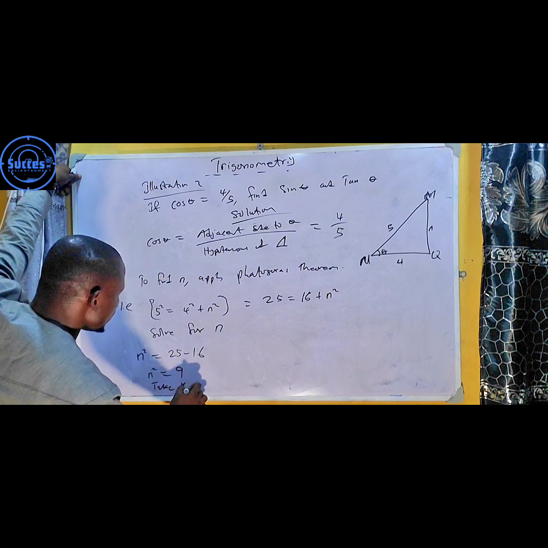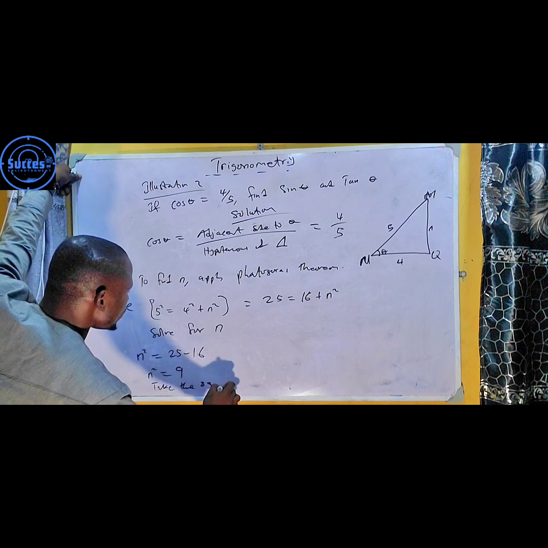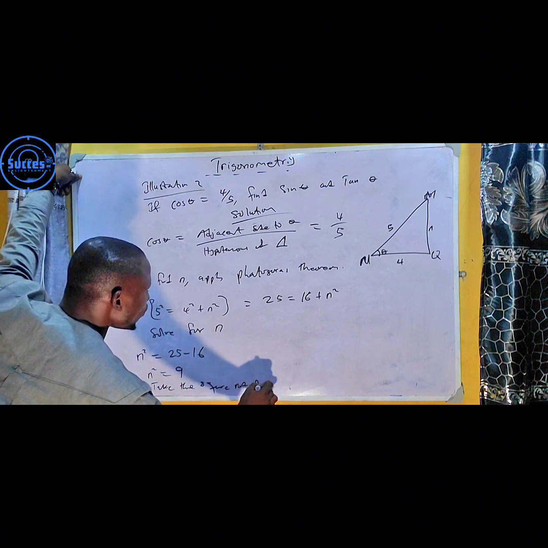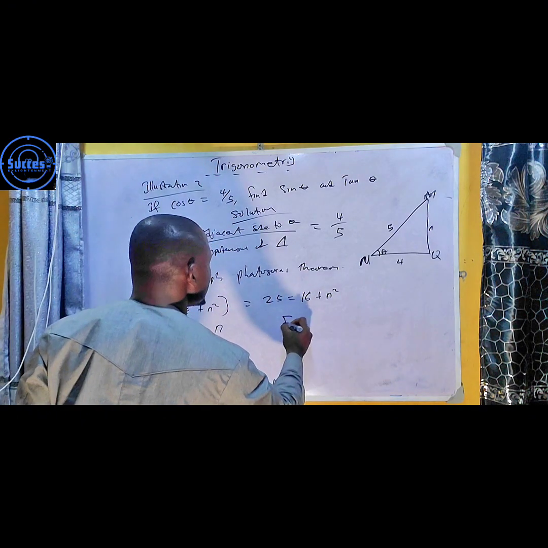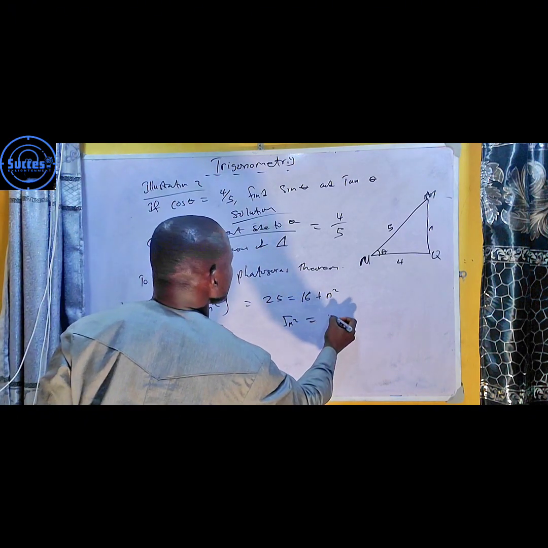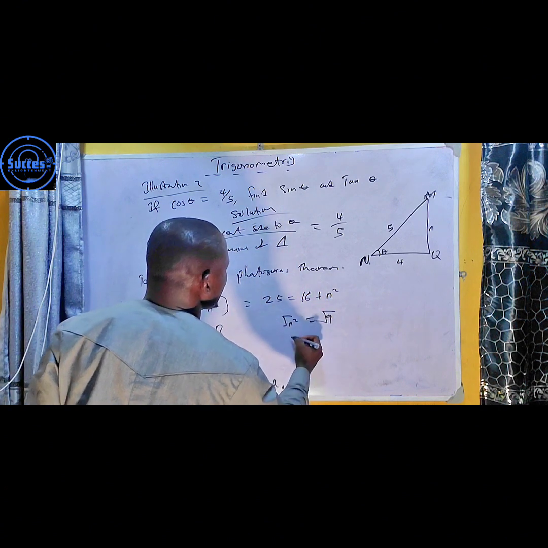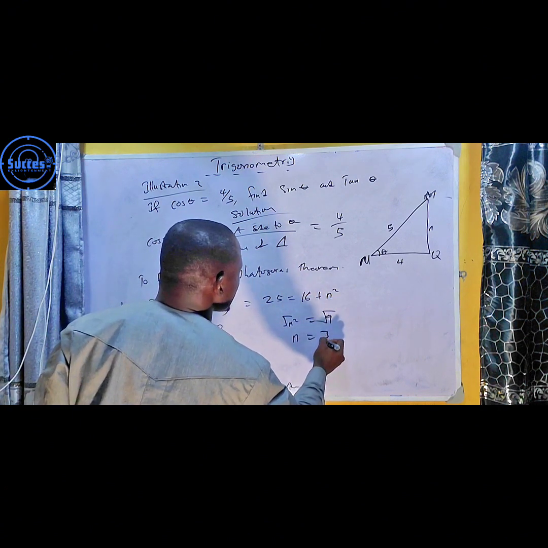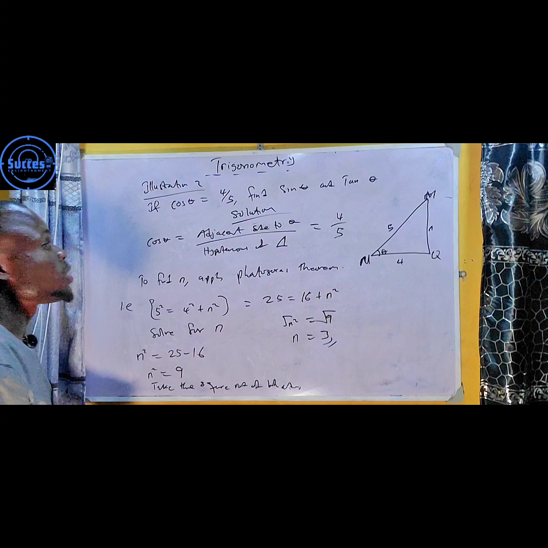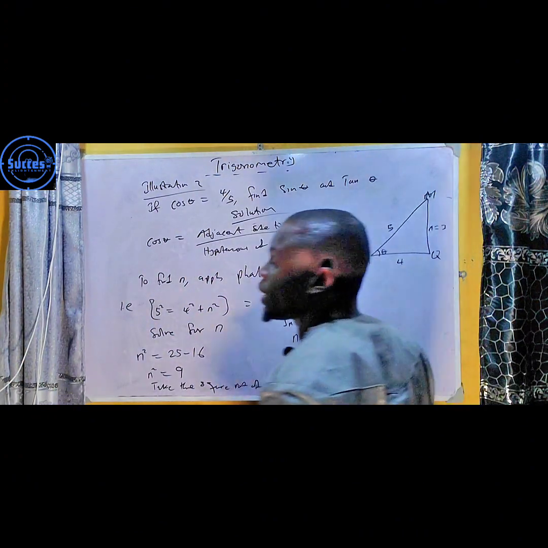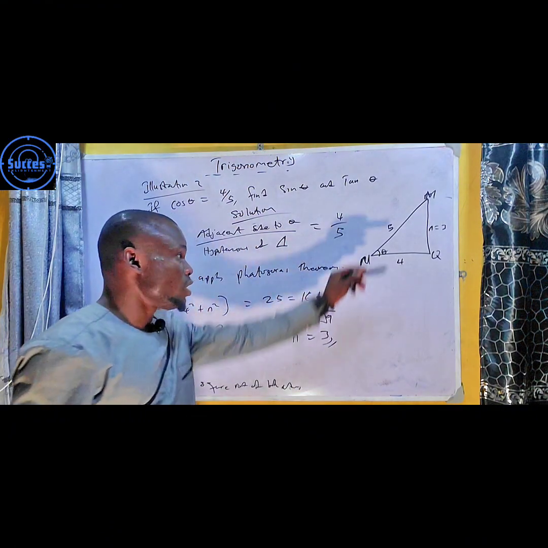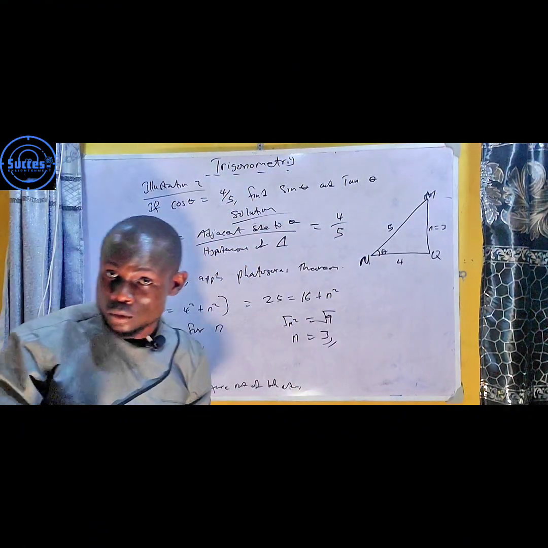Square root of n square is n, and square root of 9 is 3. So therefore our opposite side is 3. You can redraw this right angle triangle after you form this.